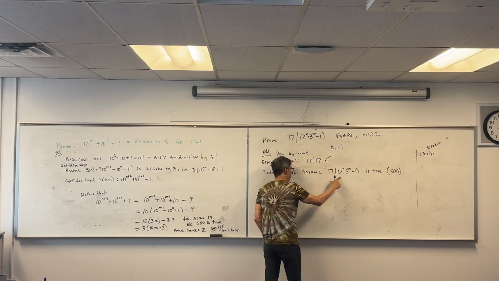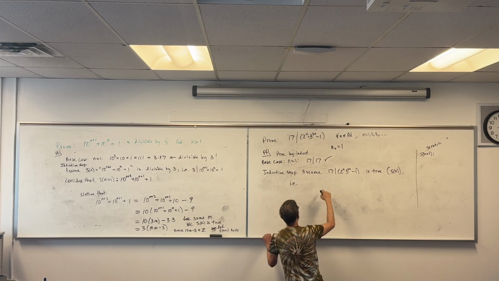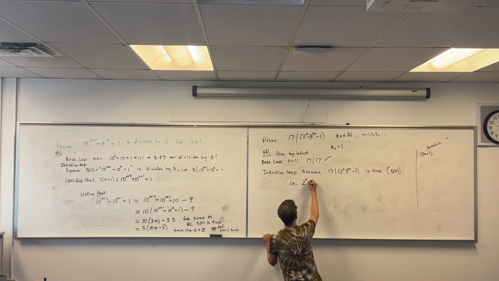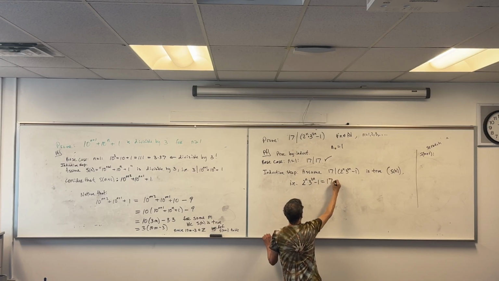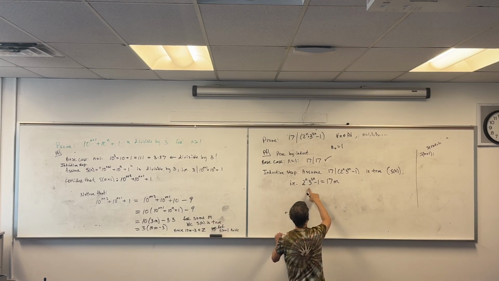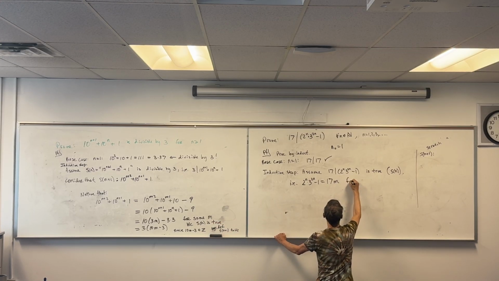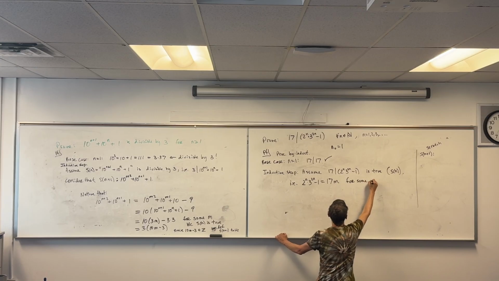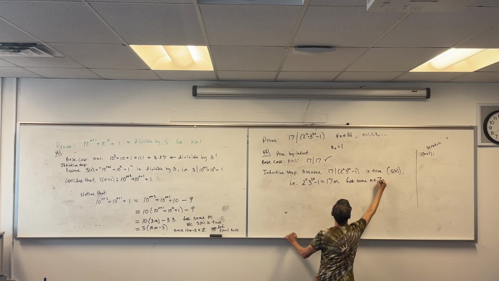You might want to rewrite the inductive assumption, or the inductive hypothesis, in this way. That's a great way to take this and put it into something usable, like I did over there when I replaced that with 3m. This can help you a lot for some unknown m. We don't know what that is, and it's a natural.